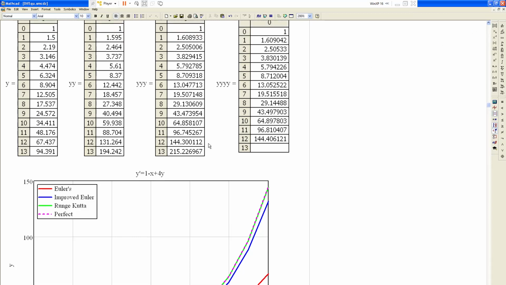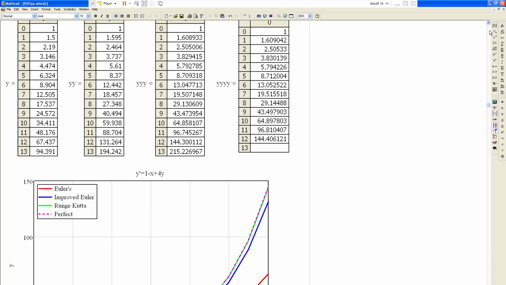And here you can see this is the perfect solution here. So after 12 steps, you can see the Runge-Kutta is pretty close. I wouldn't call this close enough for real mathematical use, but you can see that it's much different from the Euler's method, the improved Euler's method, and then this is the perfect solution.